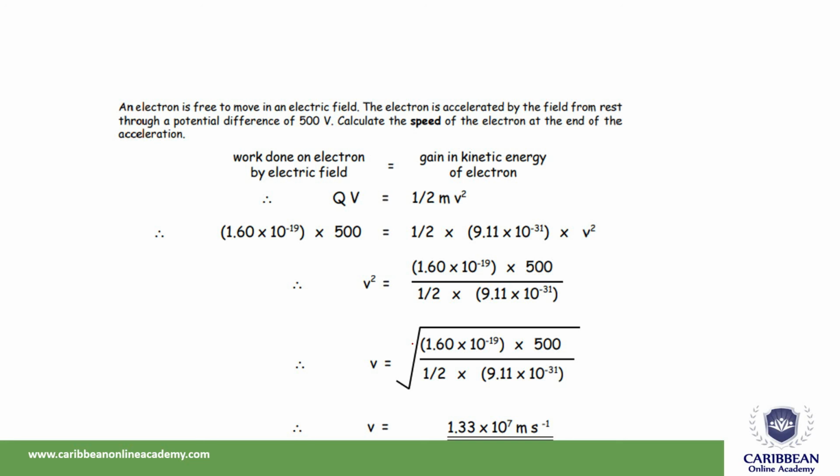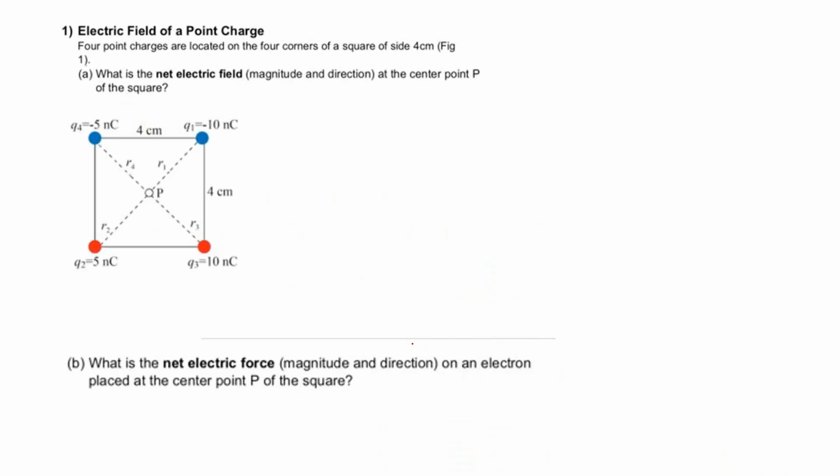By manipulating the formula, we can find the speed at which the electron is moving. The mass here is just the mass of the electron, which is 9.11 times 10 to the minus 31, and you just manipulate the formula and find the speed of the electron.